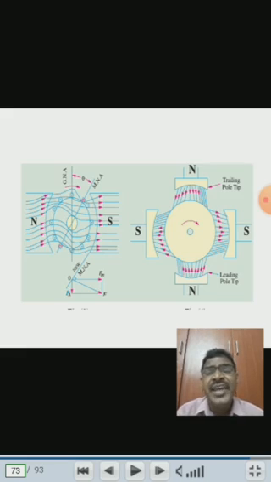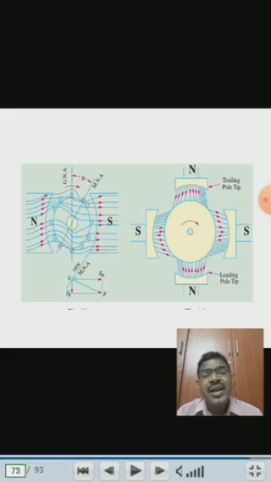Due to the shifting of the magnetic neutral axis, the conductors which are under the influence of north pole are moving towards south pole, and vice versa, right? Because of this, the flux distribution in the air gap between the armature and the field coils is not uniform, and the fluxes are distorted. In the second diagram, you see the flux density is not similar in all the poles, that is, the entire area of the poles.